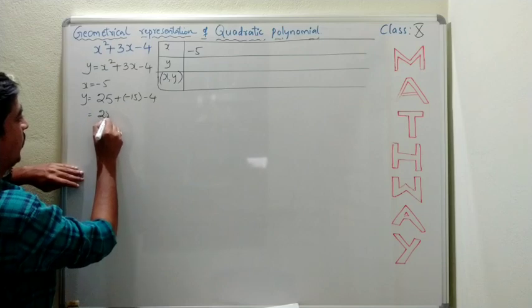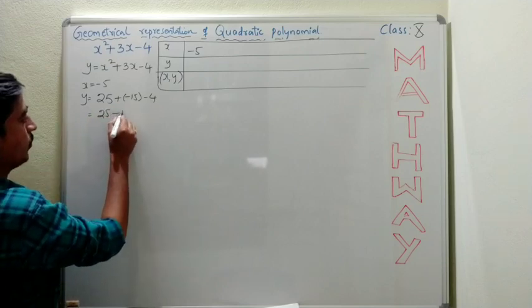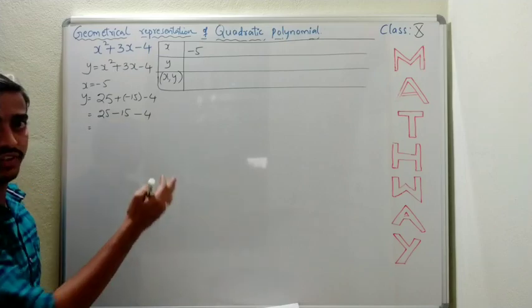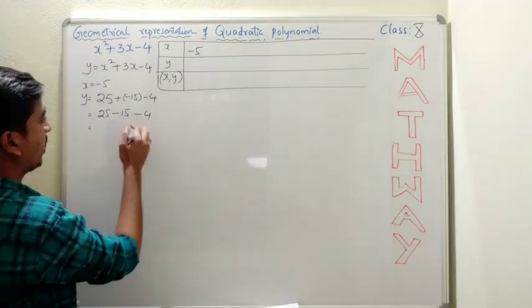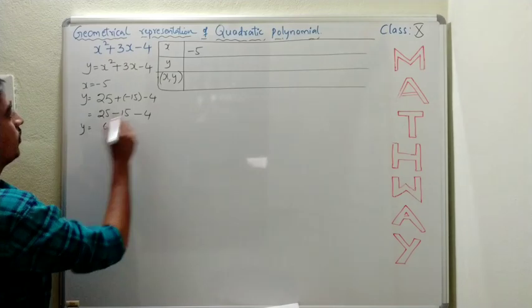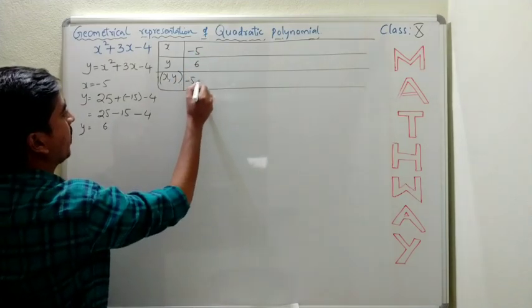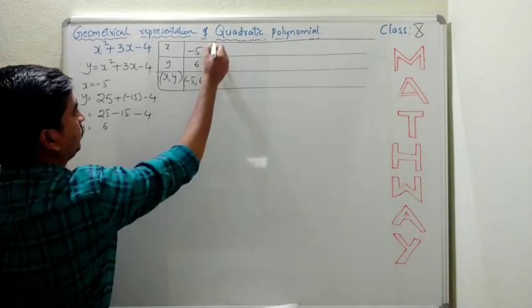So 25 minus 15 minus 4. 25 minus 15 is 10, and 10 minus 4 is 6. So when x is minus 5 and y is 6, the coordinates are minus 5 comma 6.